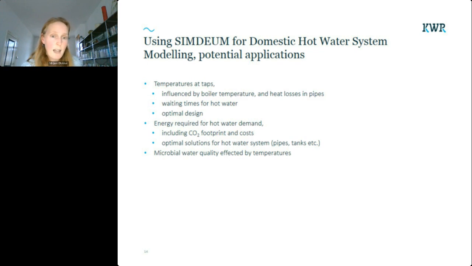And we can also apply this in larger buildings that have heat recirculation systems, but we haven't done that yet. And then you can look at energy requirements, and that also will help you to have a more optimal design. And we have model temperature, and the next challenge for us is to also model microbial water quality and see what the effect of that would be.